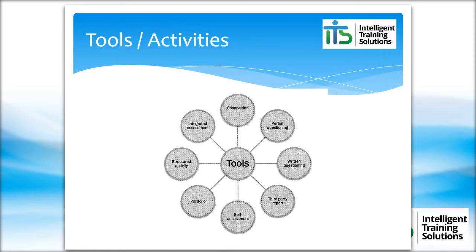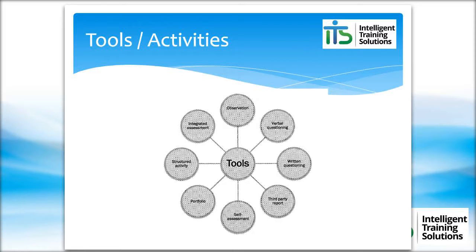So within our assessment tool, we could have particular activities or instruments that are made for us to be able to gather evidence by observation, verbal questioning, written questioning, third-party reports, self-assessment, portfolios of work, structured activities, or integrated assessment. And we'll go through these points in the next few slides, and we'll cover all these.